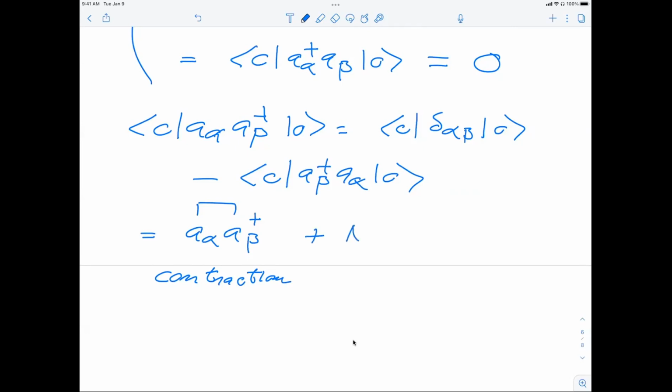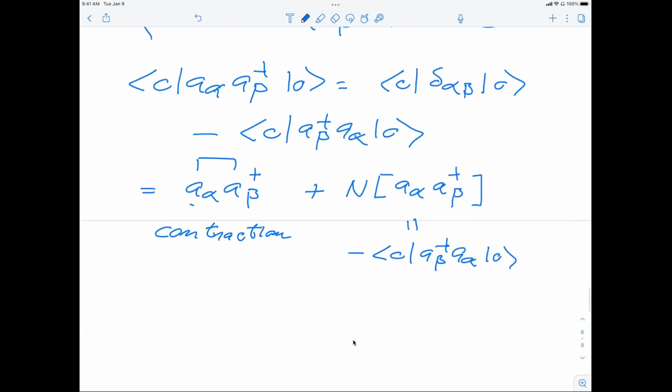And then I'm going to define something which I call a normal order product. And this is going to be the normal order product of A alpha, A beta dagger. And in our case, this term is identical to minus 0 of A beta dagger, A alpha of 0. And this term which you see here is going to read A alpha, A beta of 0.